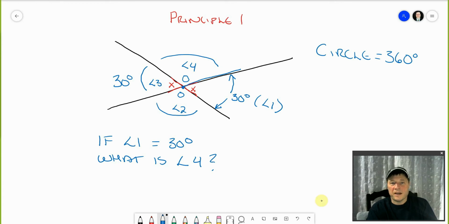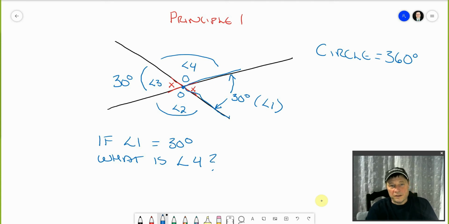If we stop that ray at any point, there's an angle that develops. So if, let's say, the ray started here and we move it into this position, we know that we've moved it 30 degrees. So if we continue to move that ray all the way around, it'll be 360.